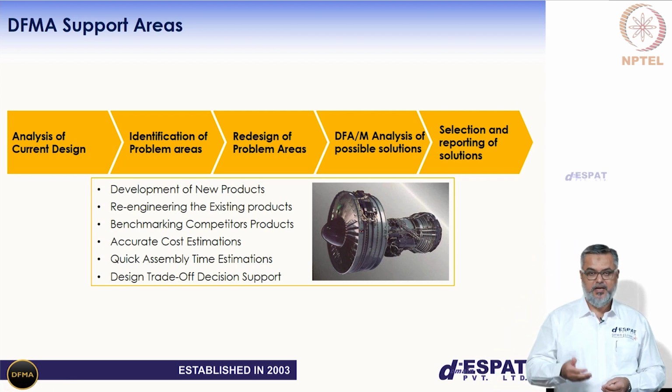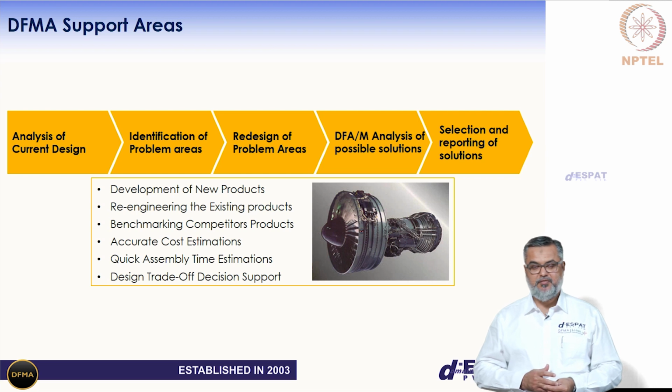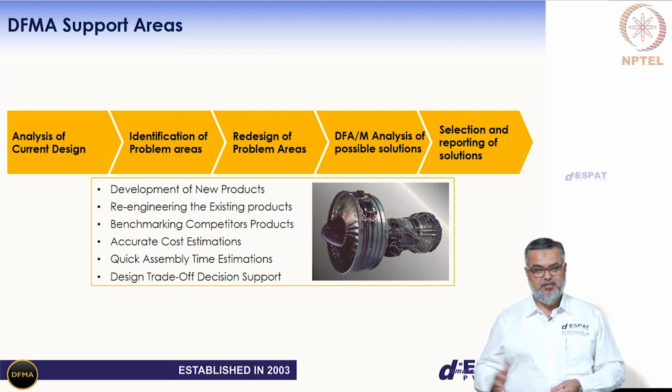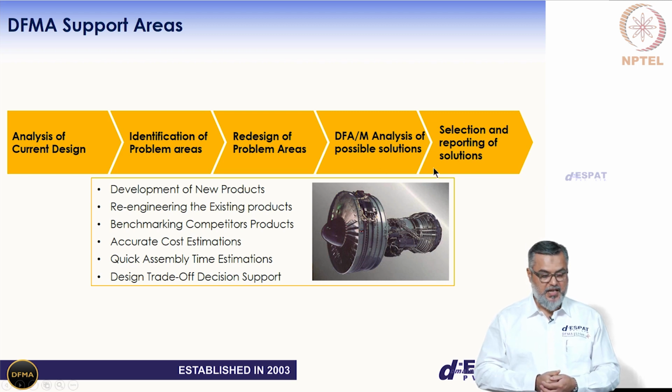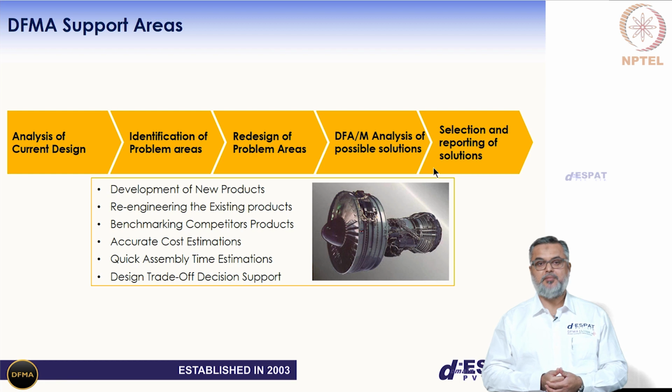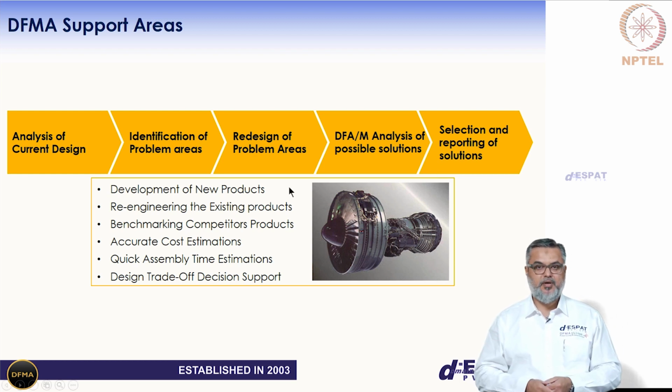Then come out with redesigning options for all these problem areas. Again, that is purely human in what kind of ideas you can come out with, and using these DFA methods to analyze all these potential problem areas that you have investigated and come out with new proposals, and whichever suits the setup that you have, use that, report it, analyze further for actual adoption.